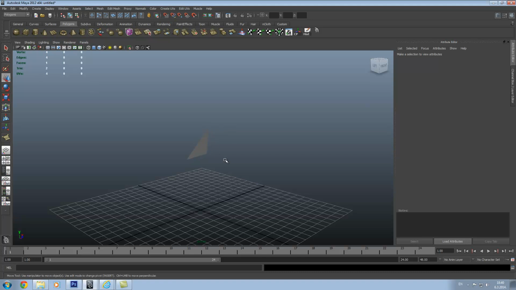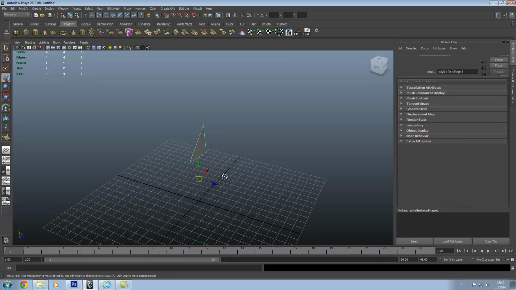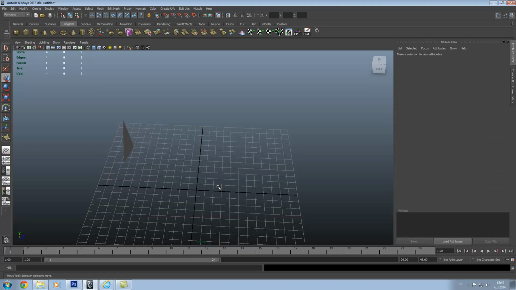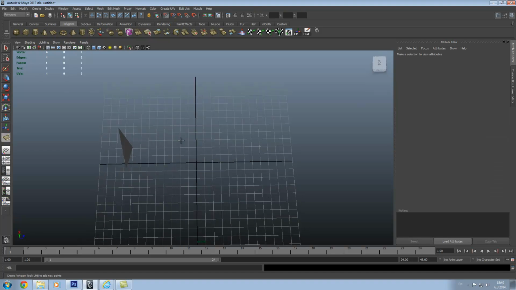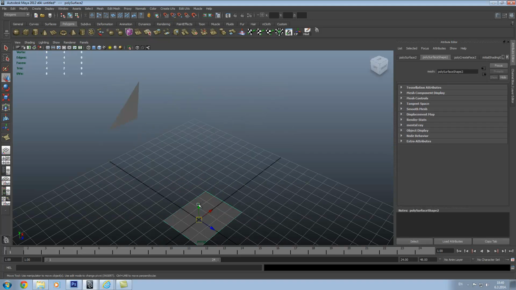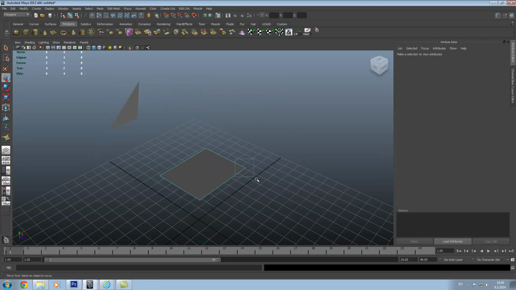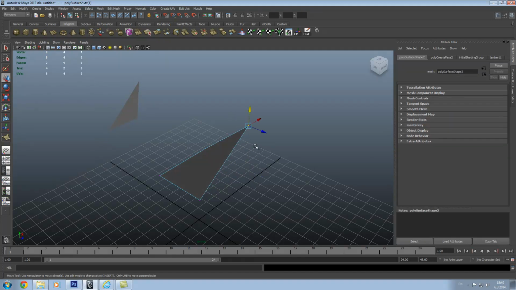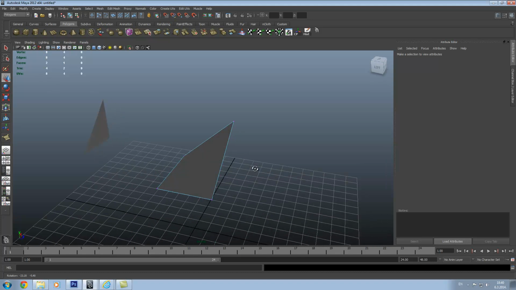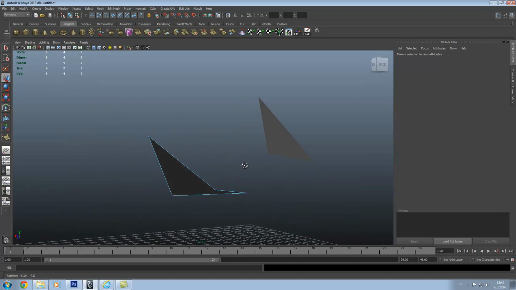Unlike quads or polygons that are composed of four points, or four vertices. If you have a quad like this, and I start to move one vertex, right now this is not a normal polygon anymore. It's something weird.